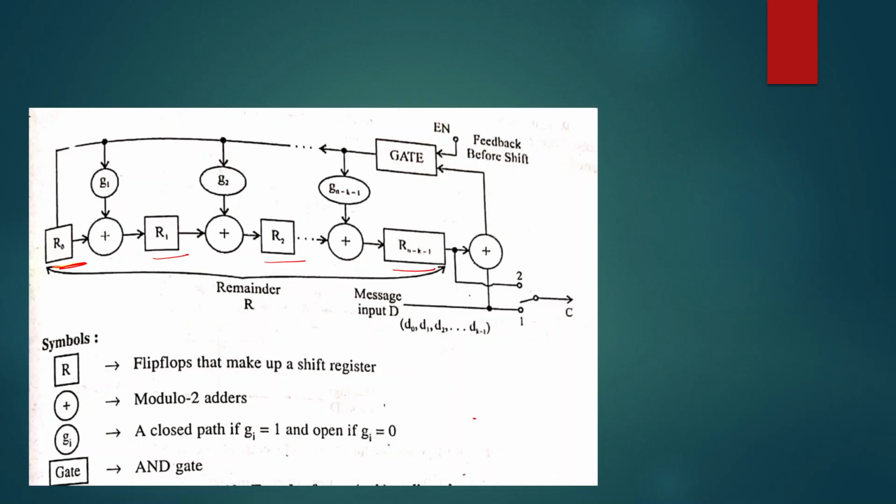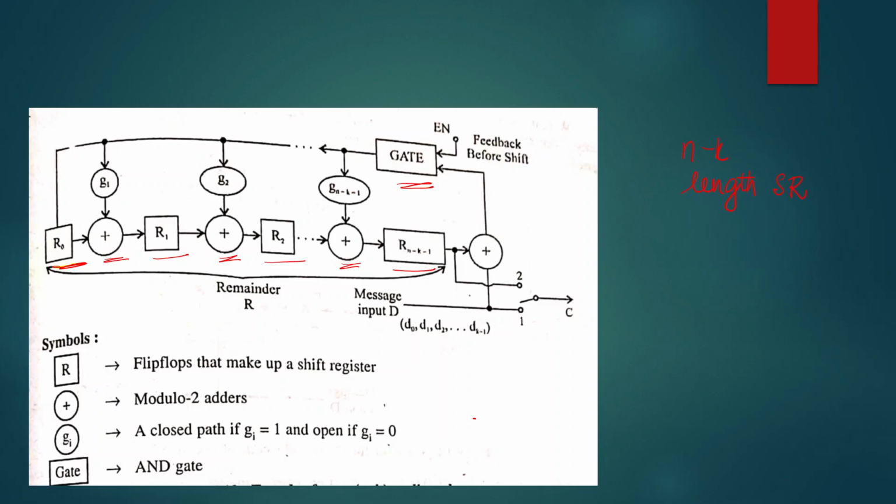These are the flip-flops that make the shift register, so this is an n minus k length shift register. We make use of the shift registers along with a few modulo-2 adders, which accept the input from the message bits as well as the previously stored data from each one of the flip-flops. This gate is used to convey the data to the individual shift register after the operation.